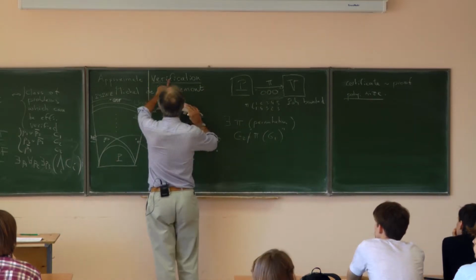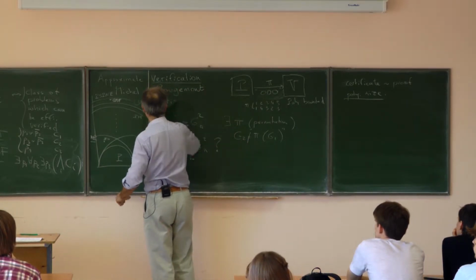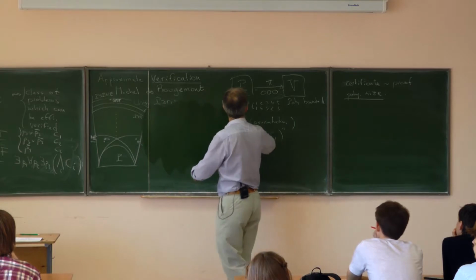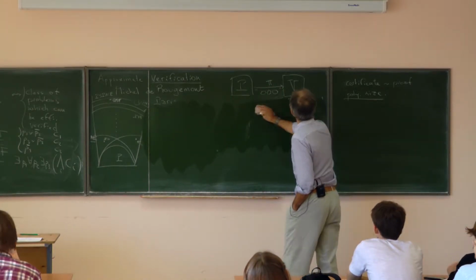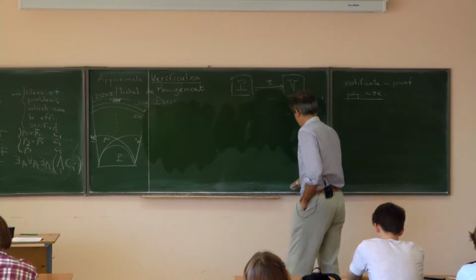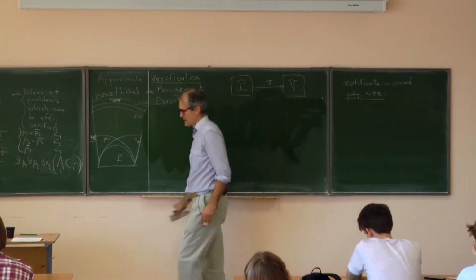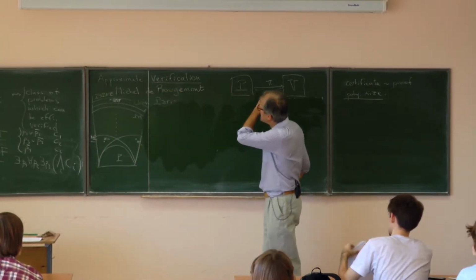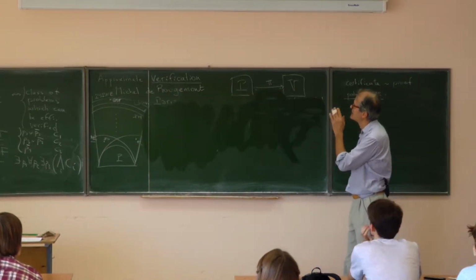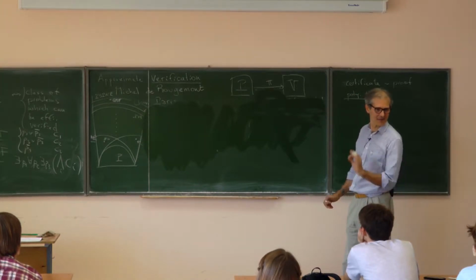So now let's move to the second topic: what is an approximate proof? So now I'm going to tolerate some error.